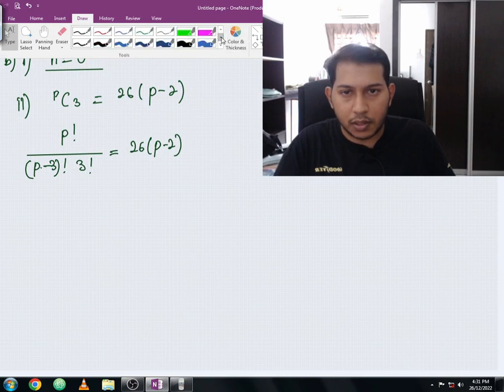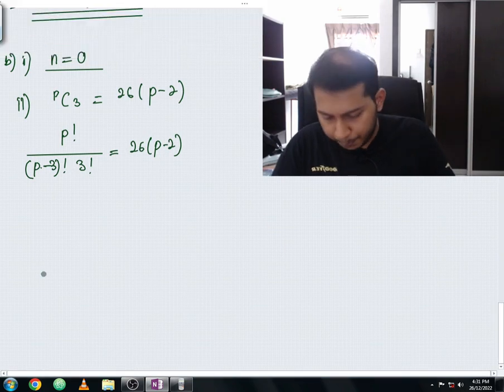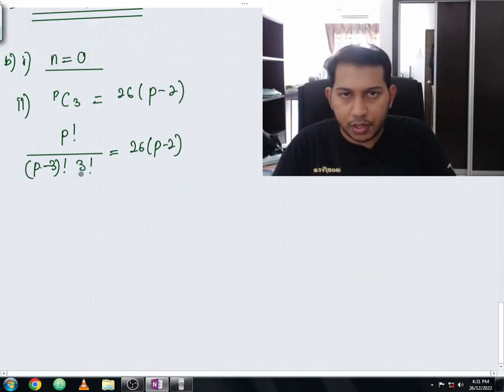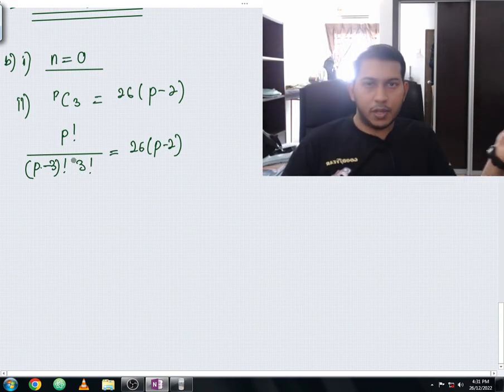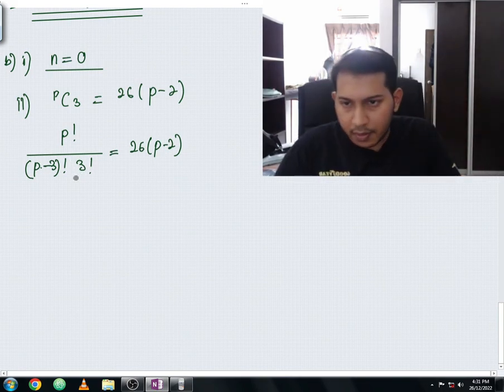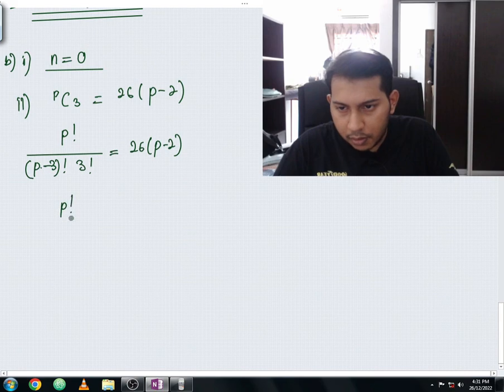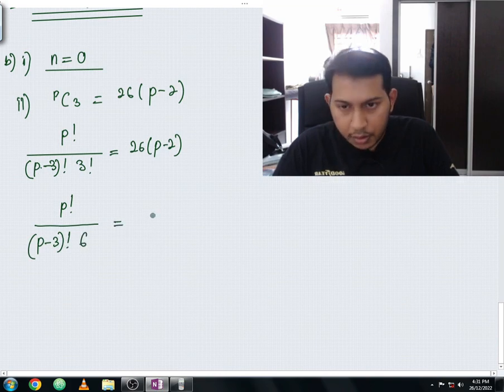Okay, so let me proceed. So 3 factorial, you calculate, it will be 3 times 2 times 1. So in this case it will be 6. So p factorial divided by (p - 3) factorial, and then times 6. So from here you get is equal to 26 times (p - 2).